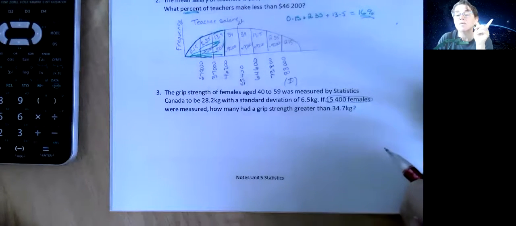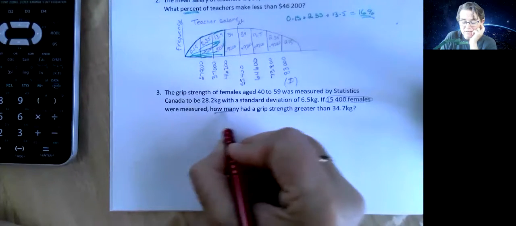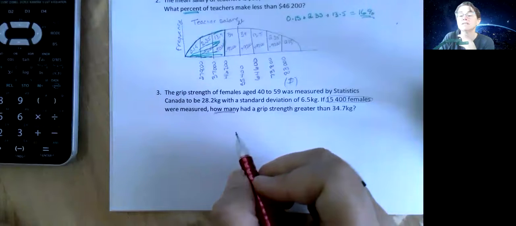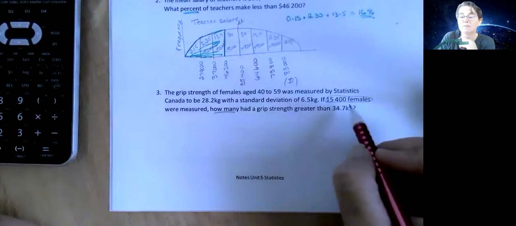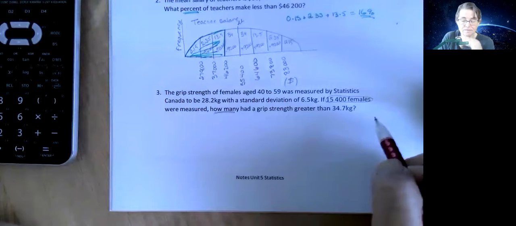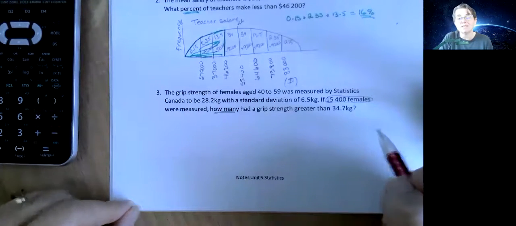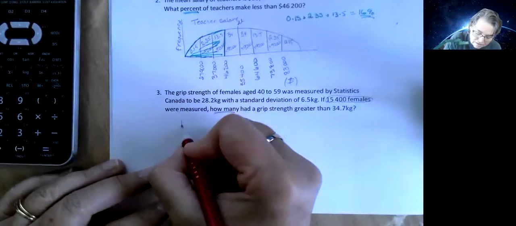The moment one of my questions has the size of the data set in it, it's probably going to say how many. So I've got to remember to do that extra step of dividing by 100 and multiplying by this at the end. So that's just a reminder. Feel free to yell at the video if I forget to do it.